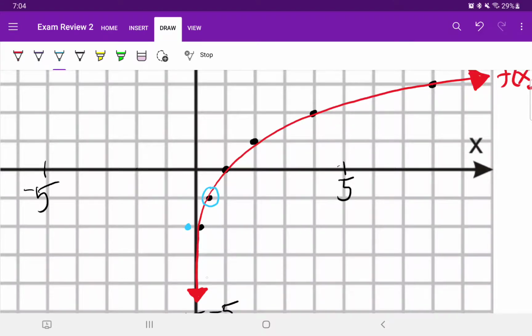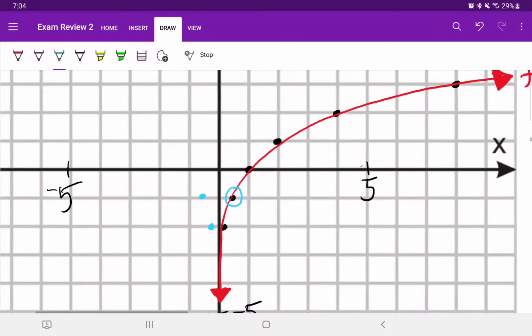This point right here is 1/2 and -1. Reflect that across the y-axis, that becomes -1/2 and -1. And then we have the point right here, which is 1, 0. Reflect that across the y-axis, that becomes the point of -1, 0.